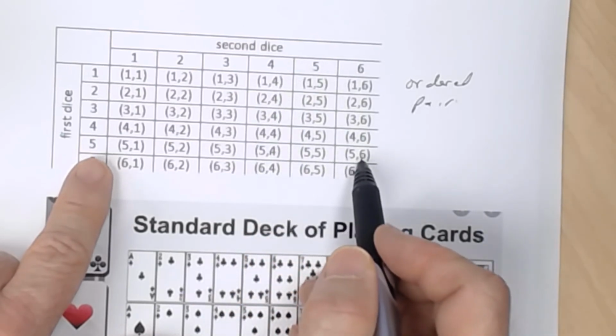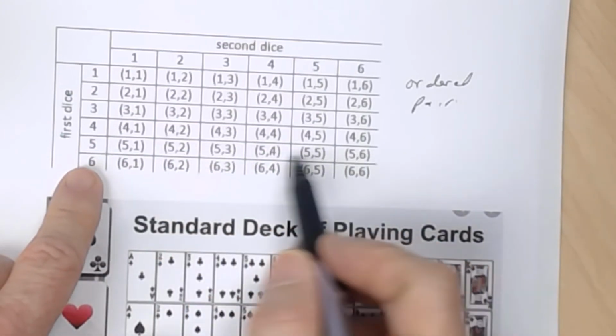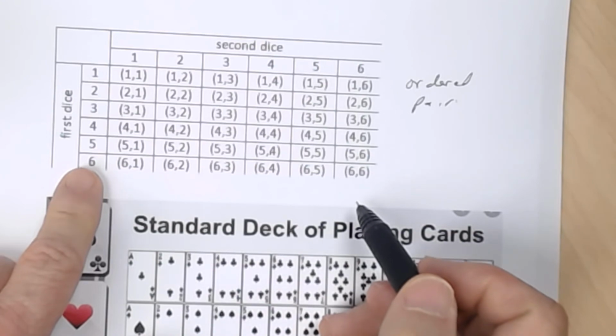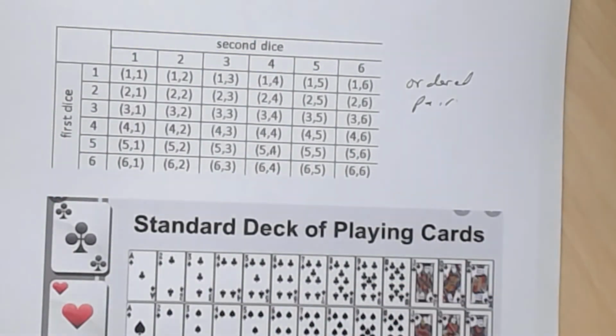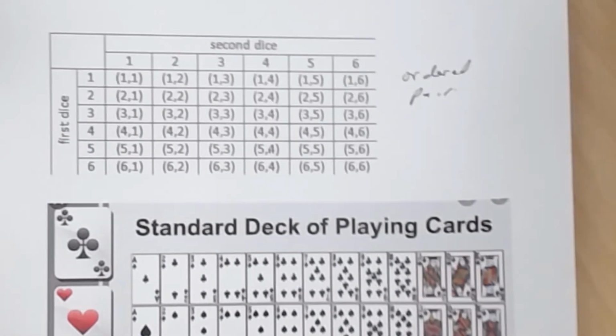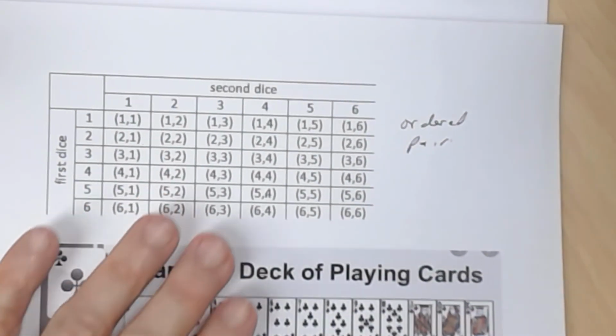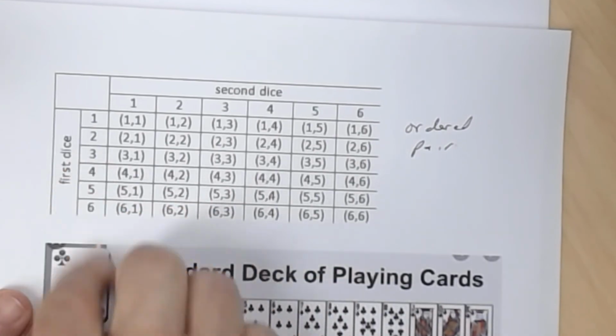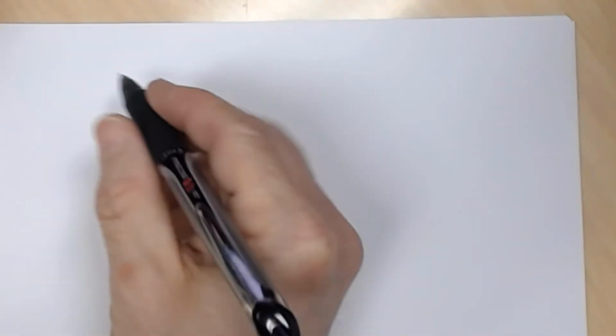What does 5, 6 mean? On the first, I rolled a 5, and on the second, I rolled a 6. All right? Okay, so keep that in mind. Now, let's look at this example. We're going to come back to this. Notice this is my sample space. Just make sure you know how to read this ordered pair. All right. Okay, so let's do this example.